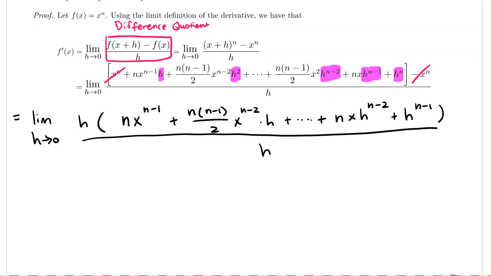This is all over h, and just like we've seen on the previous page with those 4 examples, the h's will cancel out.